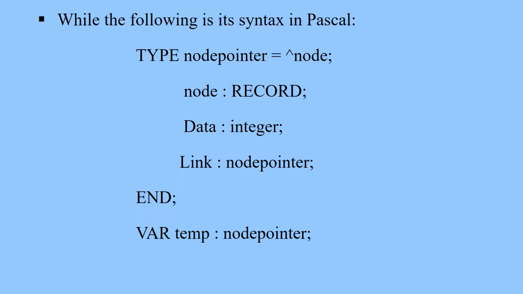Here we declare a variable called temp of type node pointer, which we are going to use to manipulate the contents of the record, which also contains a link to the next memory location.